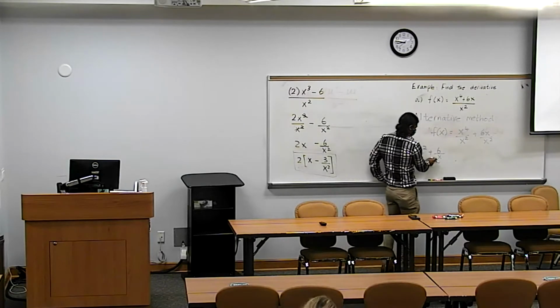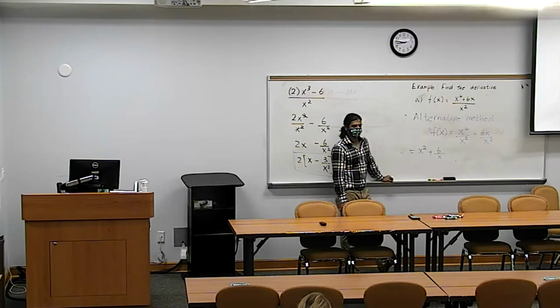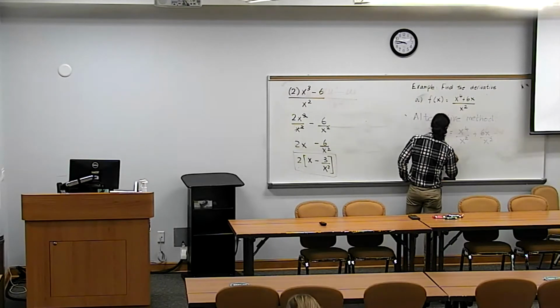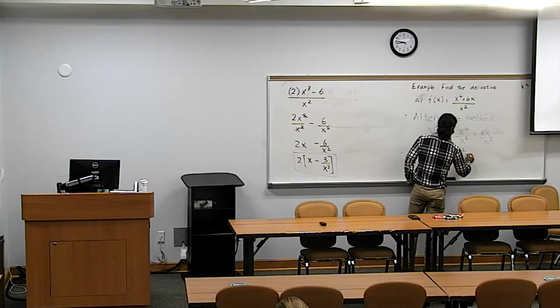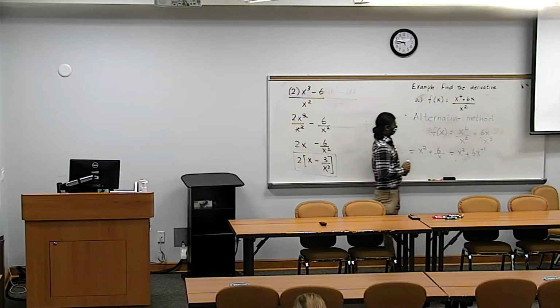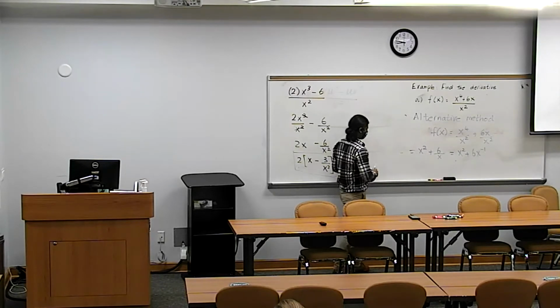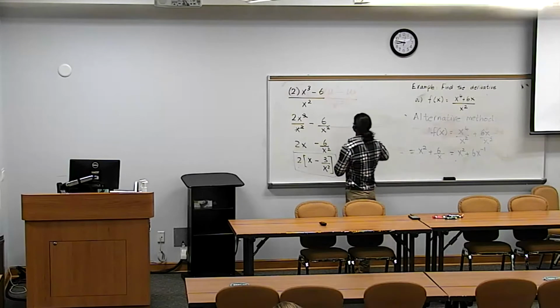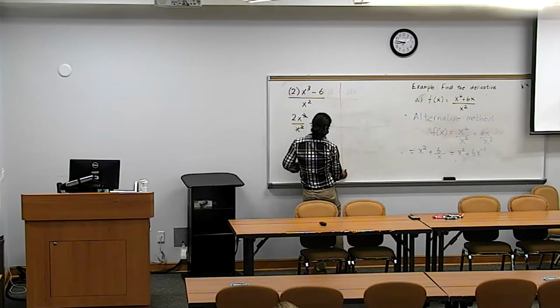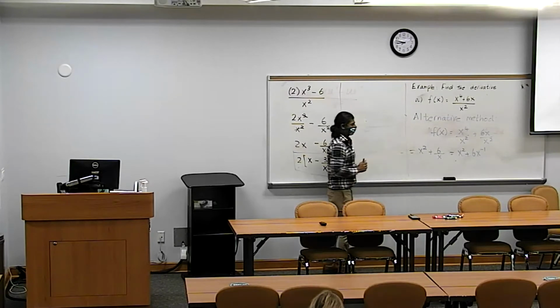If I move x to the numerator, it would become x raised to the power of -1. So all I've done so far is rewrite the function with a bit of algebra.